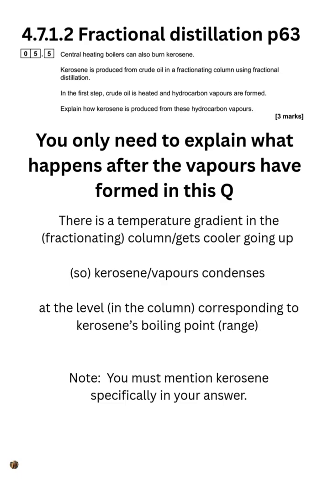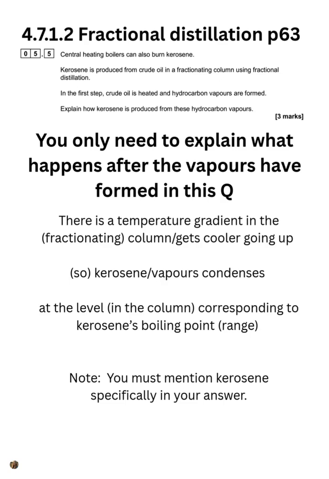Right, this is what the examiners had to say. So most scored the mark for kerosene or the vapours condensing, and many also described the temperature gradient correctly. Far fewer scored the mark for linking the height in the column to the boiling point and the condensation of kerosene.